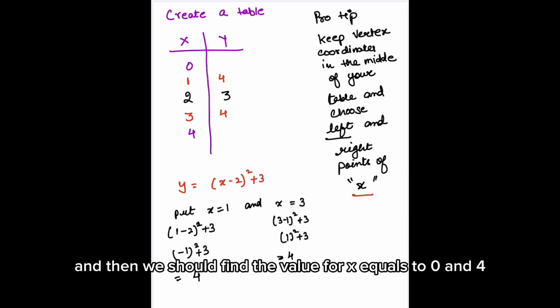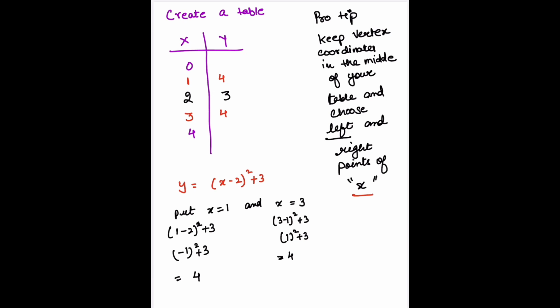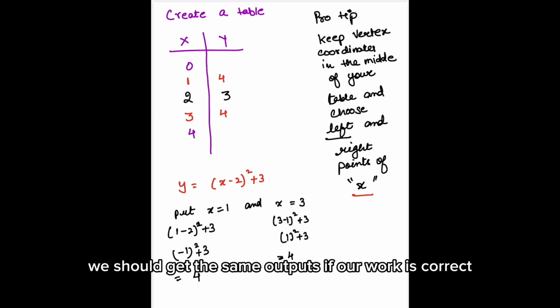And then we should find the values for x equals 0 and 4. As you must have noticed already, we should get the same outputs if our work is correct.